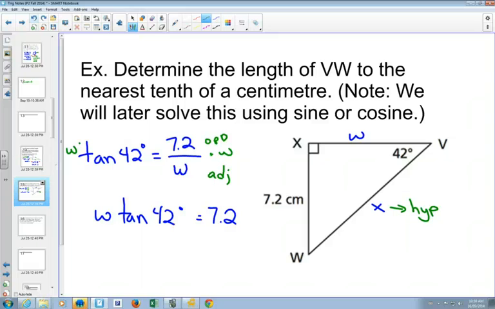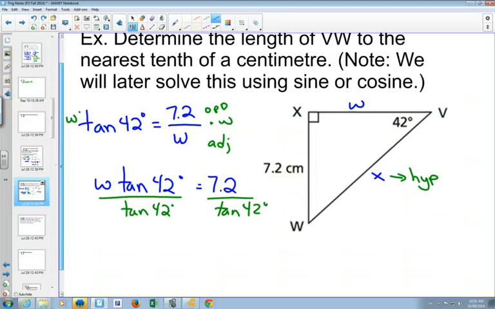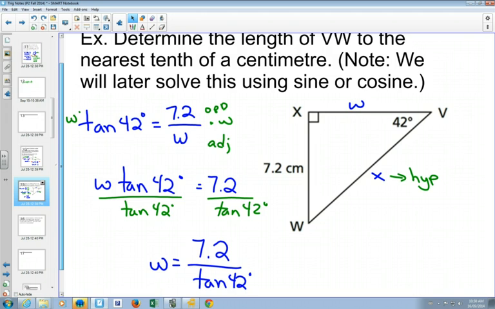So we're going to divide both sides by tan of 42. And we get W is equal to 7.2 divided by tan of 42.